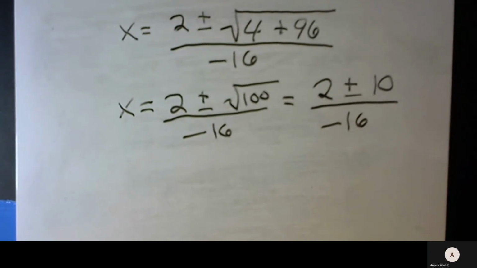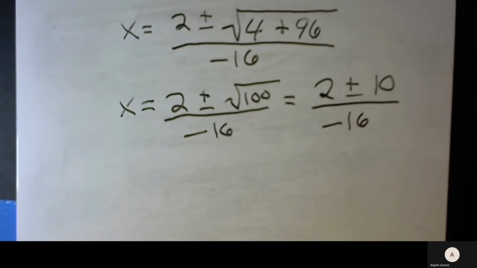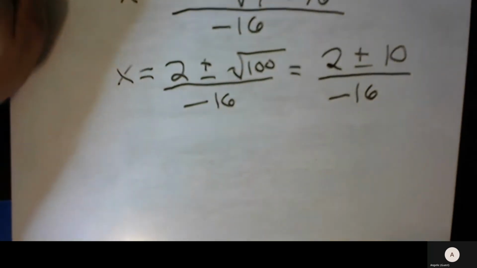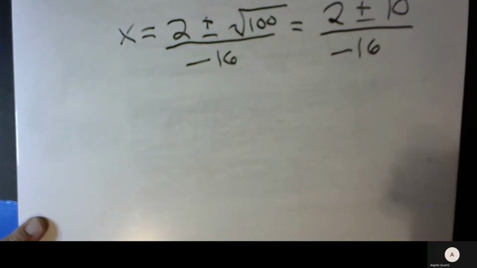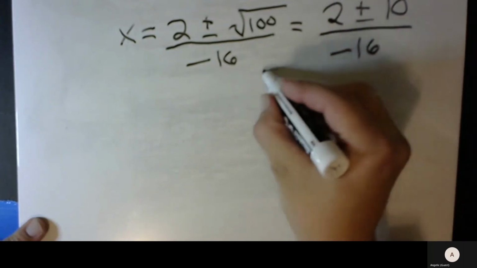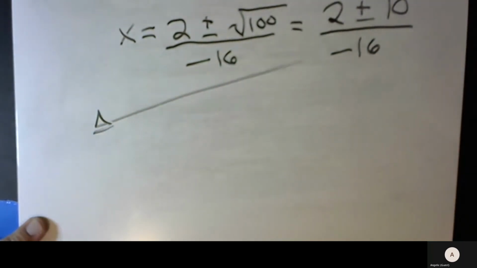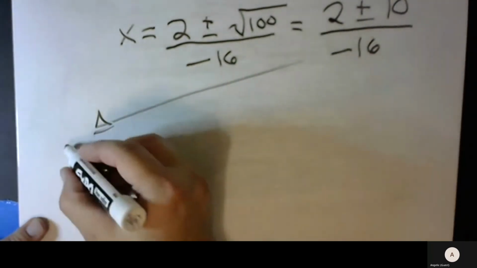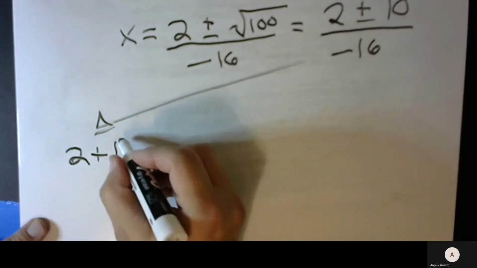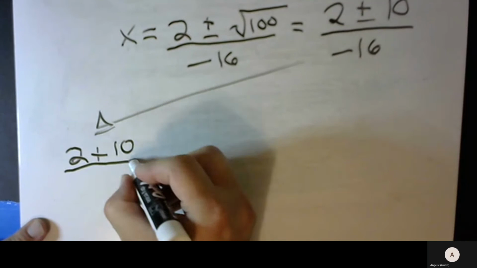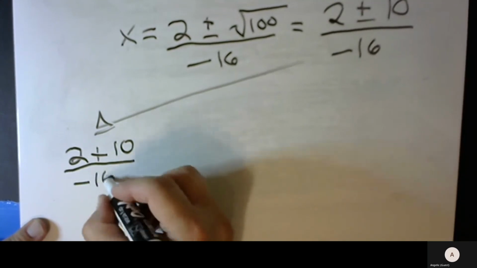Now this is where the plus or minus comes in. We're going to get 2 answers. So the first answer, we can go with the plus. So we'll have 2 plus 10 over -16.